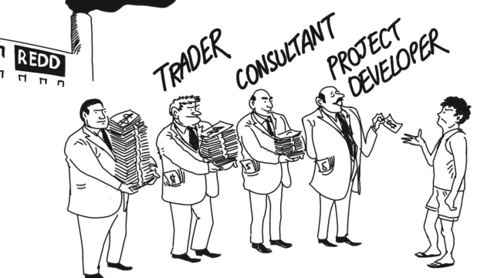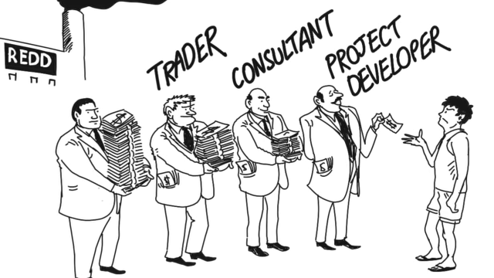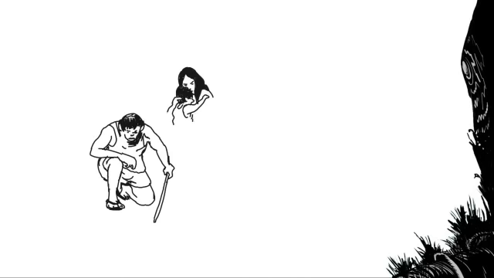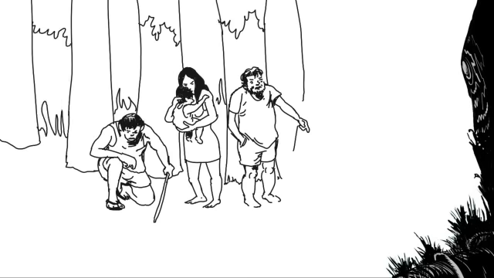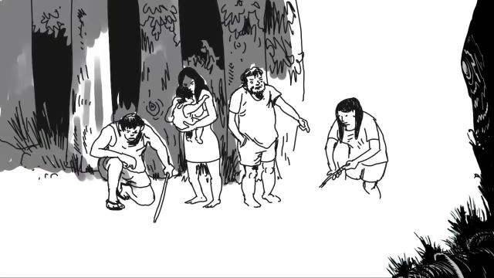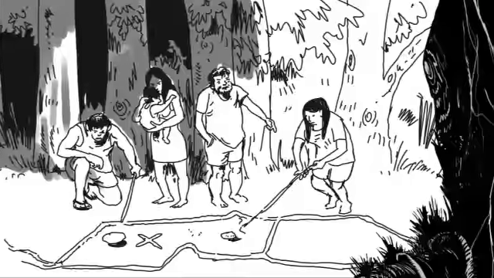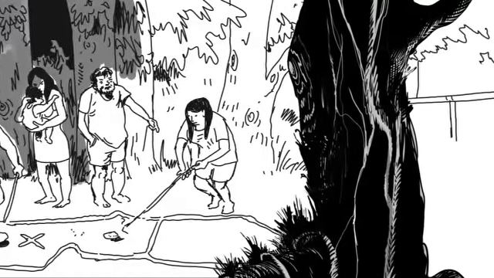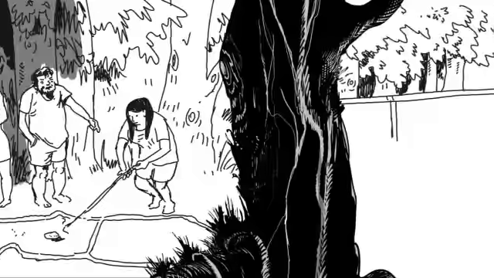In order to see whether their plan for reducing deforestation through REDD would work, we should start by looking at how it deals with the causes of deforestation. Does it strengthen the land rights of indigenous peoples and local communities who have historically protected their forests?